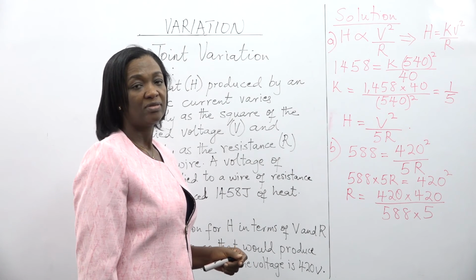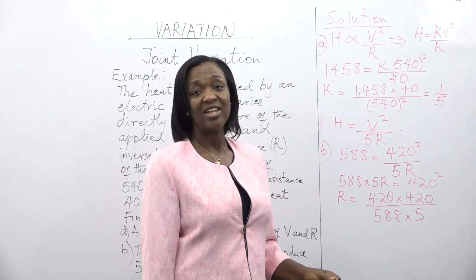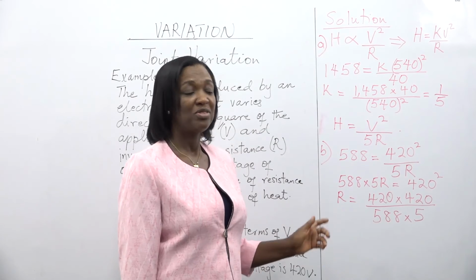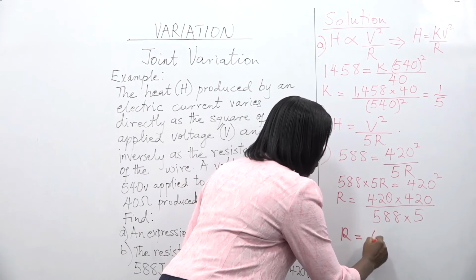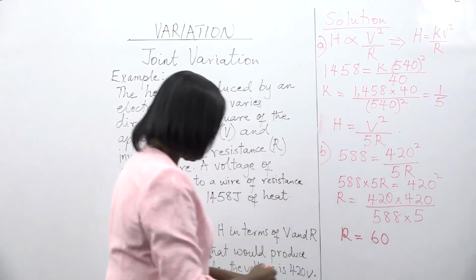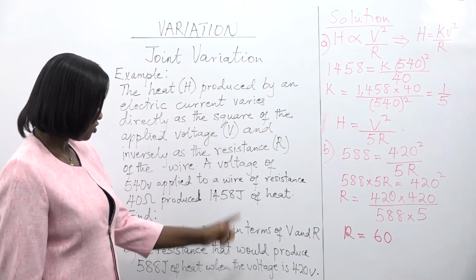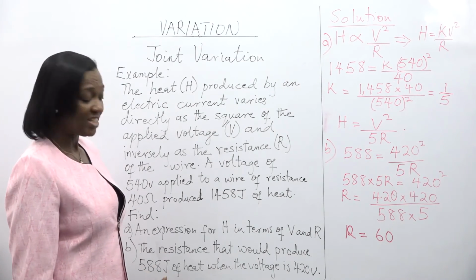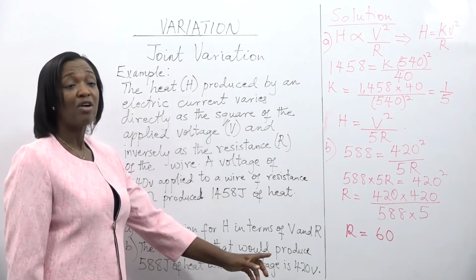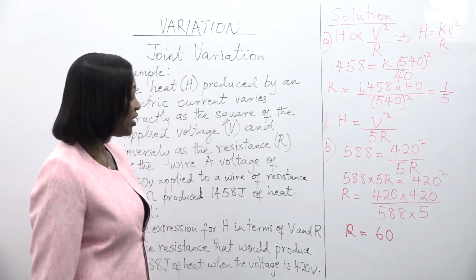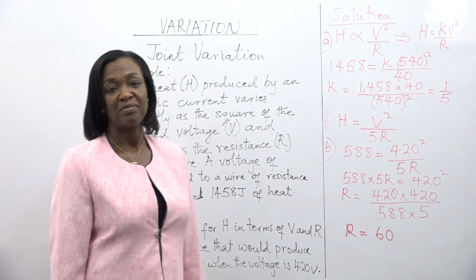What do you have? Found the answer? If you have done it correctly, your answer should be 60. So R is equal to 60. That means that the resistance that would produce 588 joules of heat when the voltage is 420 will be 60.